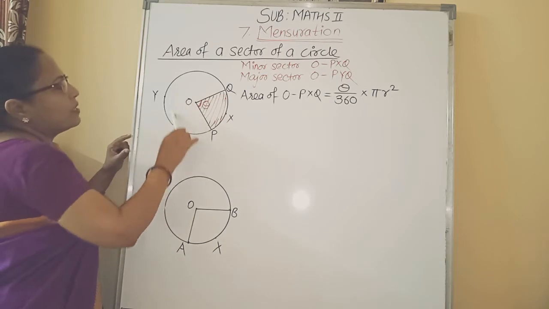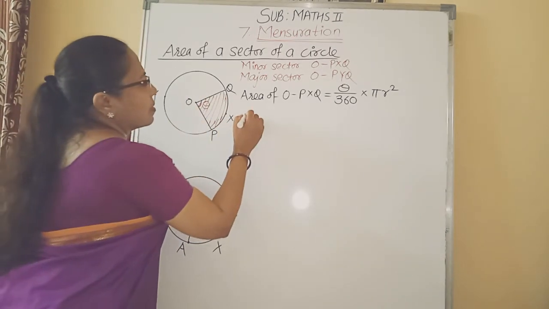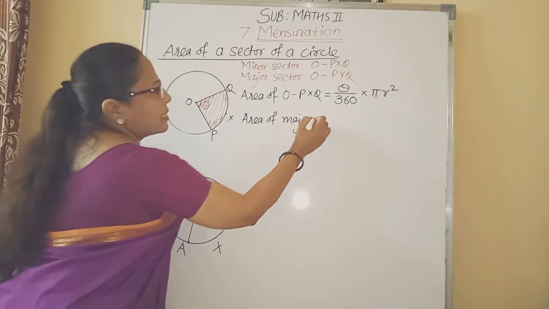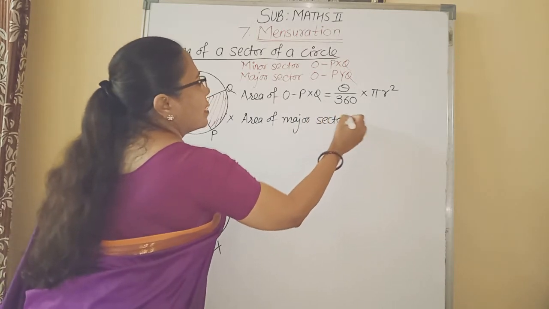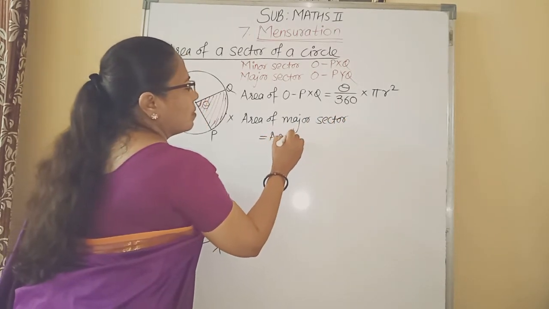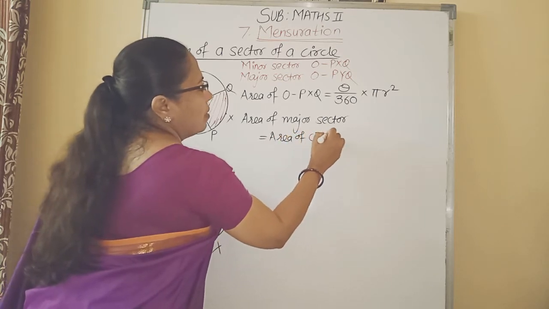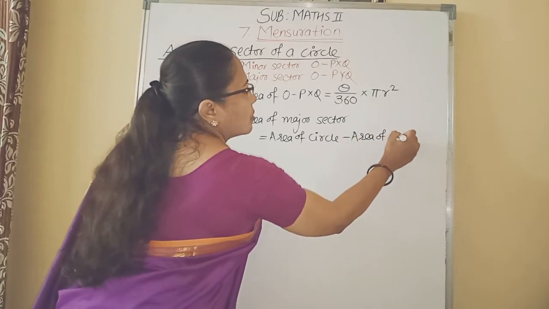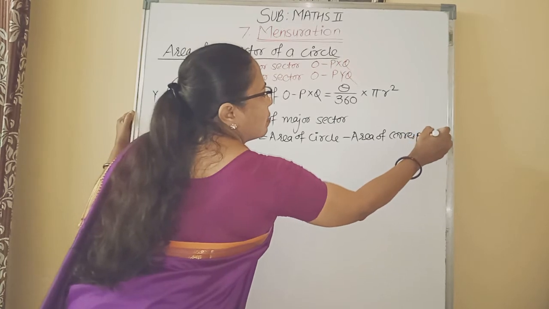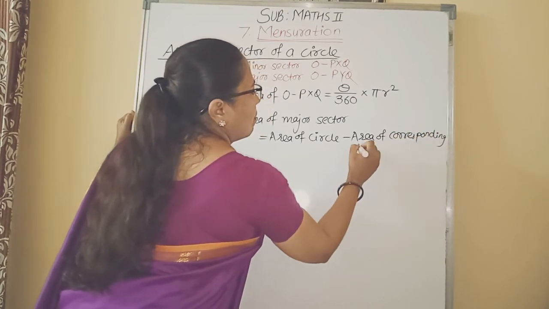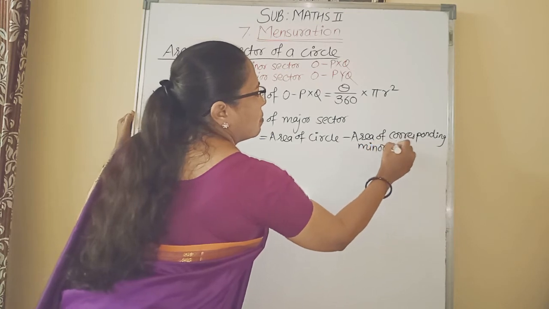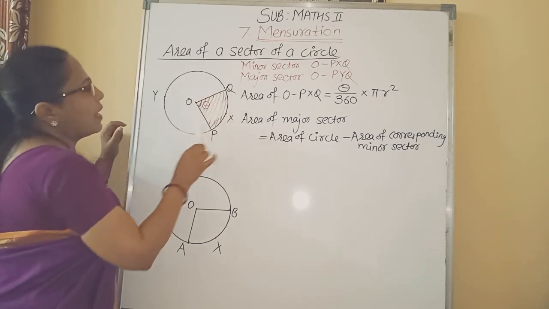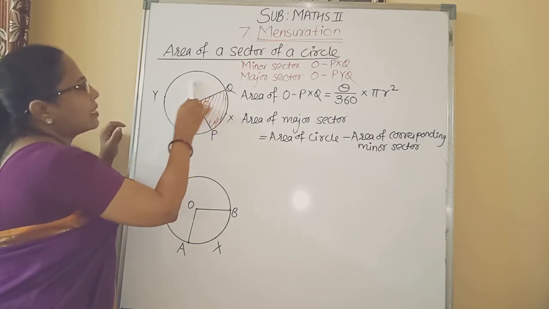Then area of this remaining major sector, area of major sector is equal to area of circle minus area of corresponding minor sector. See, because this circular region is divided into two sectors, minor sector and major sector.